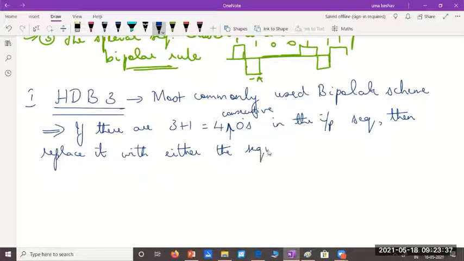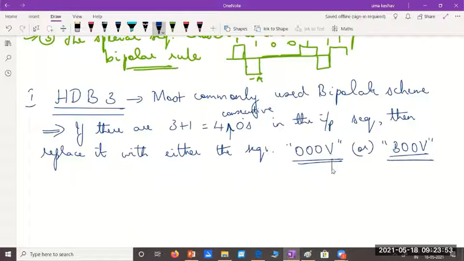the sequence 000V or B00V. Just write down this. What is this V? V represents a positive or negative pulse, which depends on the situation. And B always represents a binary 1.